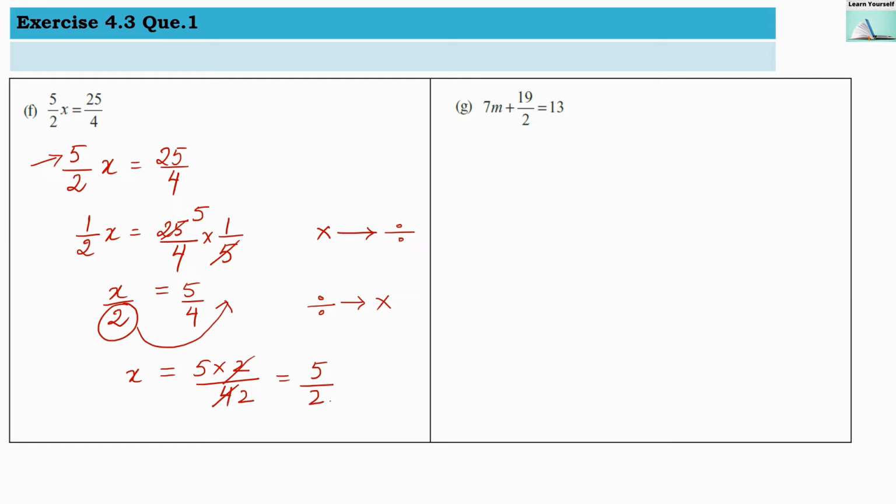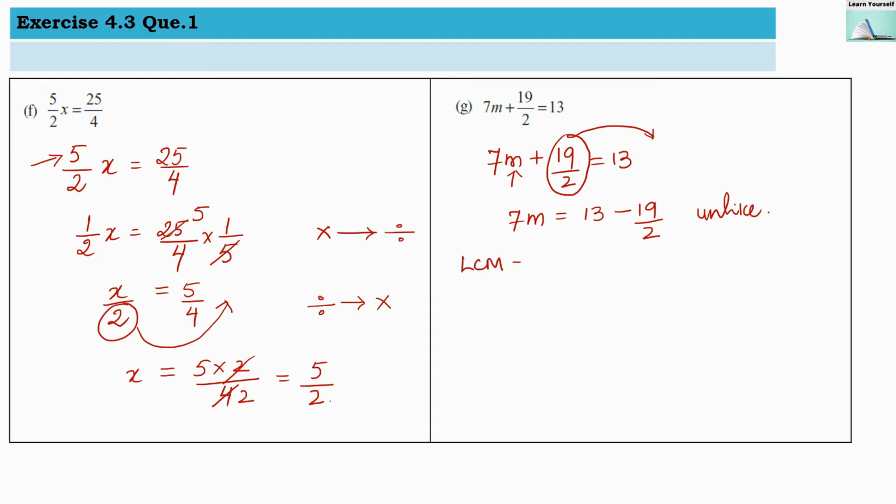Our G equation is 7m plus 19 by 2 equals 13. To separate the variable m, we have to shift this 19 by 2 to the LHS. So the first step is 7m equals 13 minus 19 by 2. Now these two are not like fractions, they are unlike fractions, so we have to take the LCM.